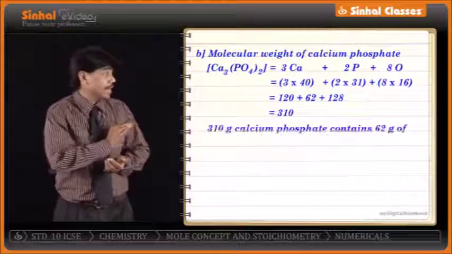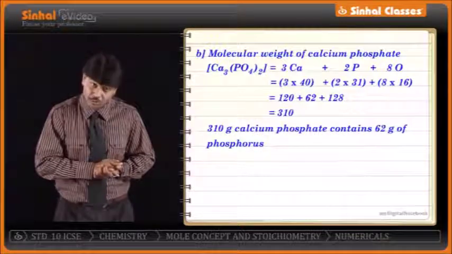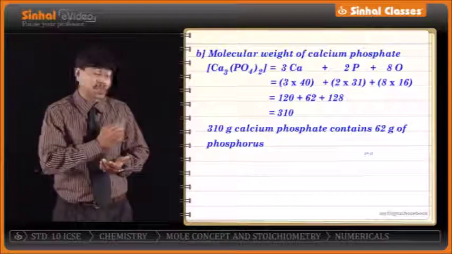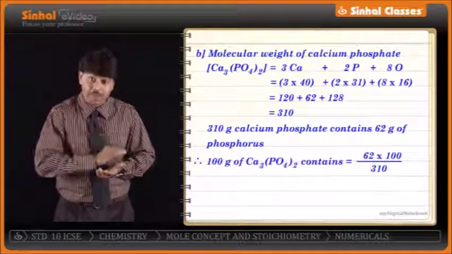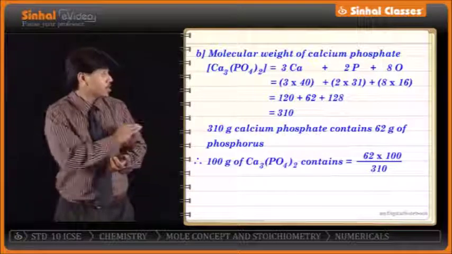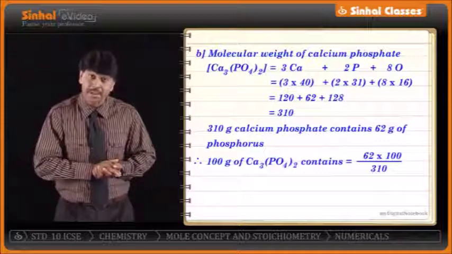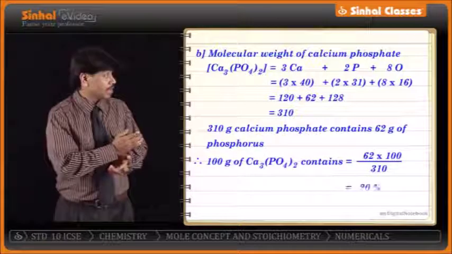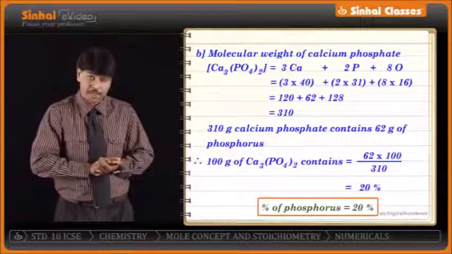So 310 grams of calcium phosphate contains 62 grams of phosphorus. Therefore, 100 grams of calcium phosphate will contain how much percentage of phosphorus? Just cross multiply: 62 into 100 divided by 310. The answer comes out to be 20% of phosphorus.